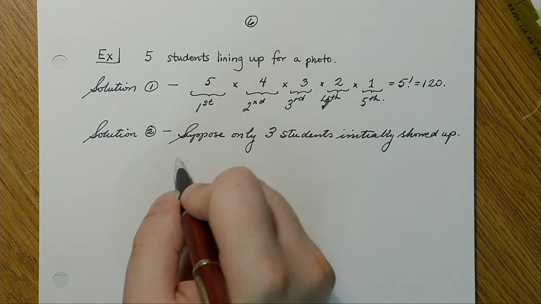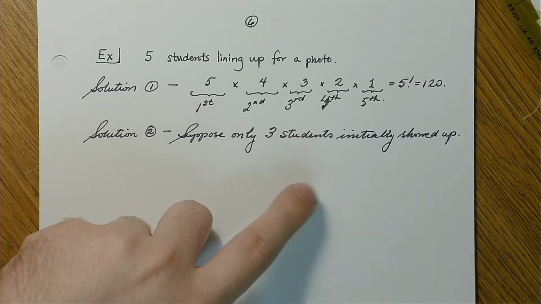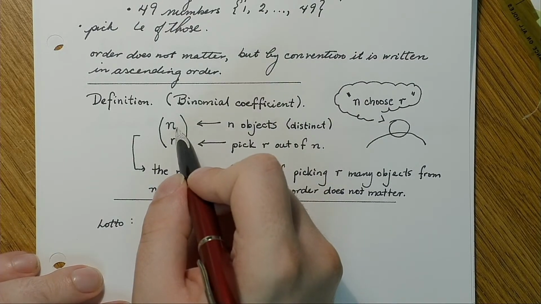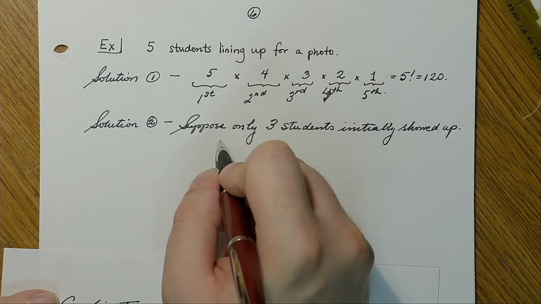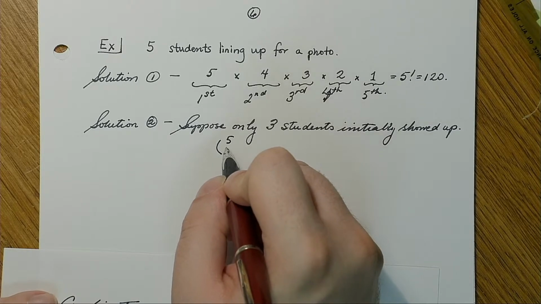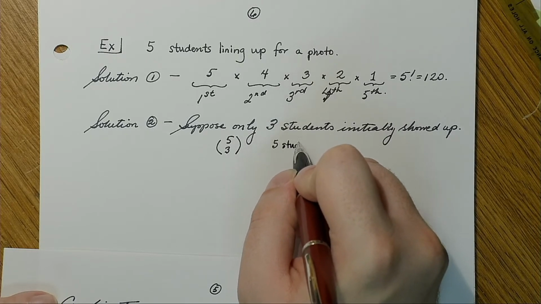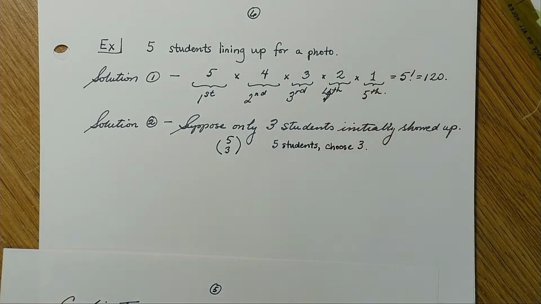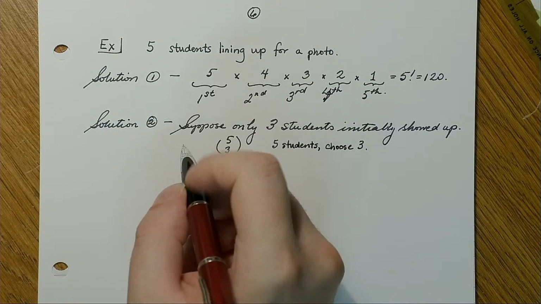Using this notation here, how many ways can we pick? Well, we have 5 students, and from that we're going to choose 3. So that's 5 choose 3. Okay, we're fine with that. So we have this. That's our first step.